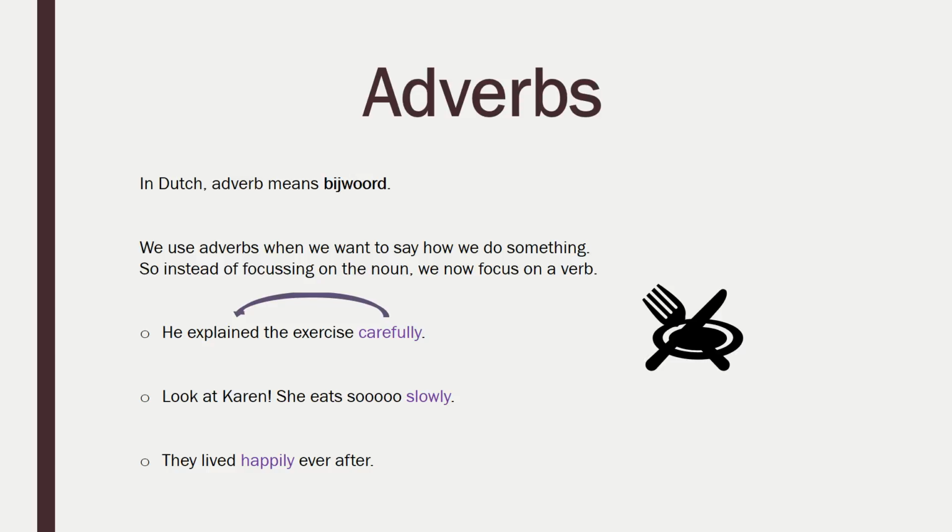It says something about the act. So slowly should be with eats. Then the very last one, they lived happily ever after. How did they live? The action, lived, the verb, should belong with happily. So happily says something about lived.